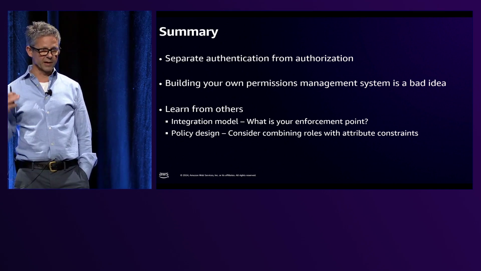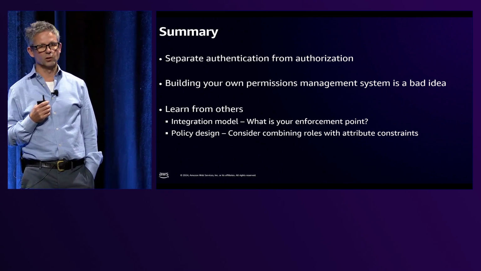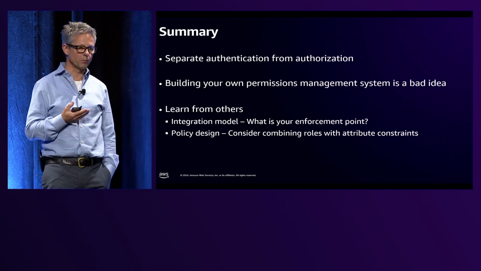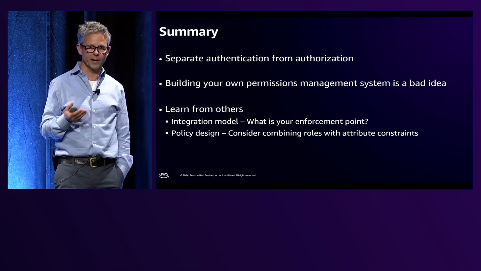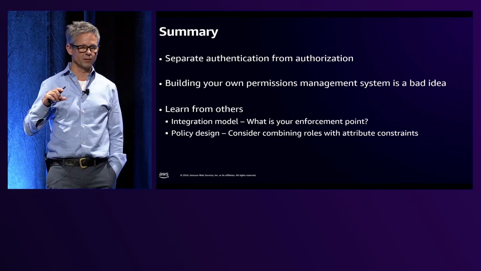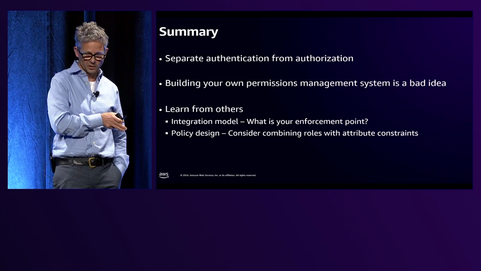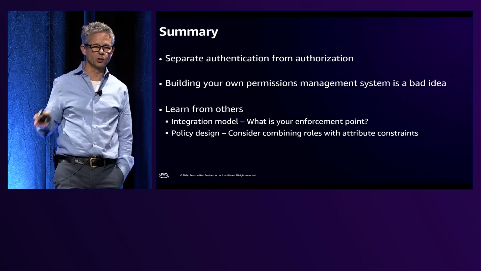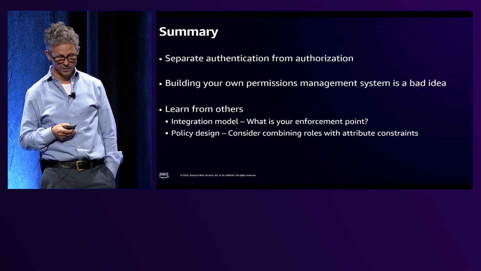It's difficult to scale. It's easy to make mistakes. And as your application gets more complex and your rules get more complex, you end up investing an increasing amount of time in managing something that you should be able to offload to an out-of-the-box solution like verified permissions and Cedar. And that you can learn from others, and we've seen two great examples showcased on stage today.